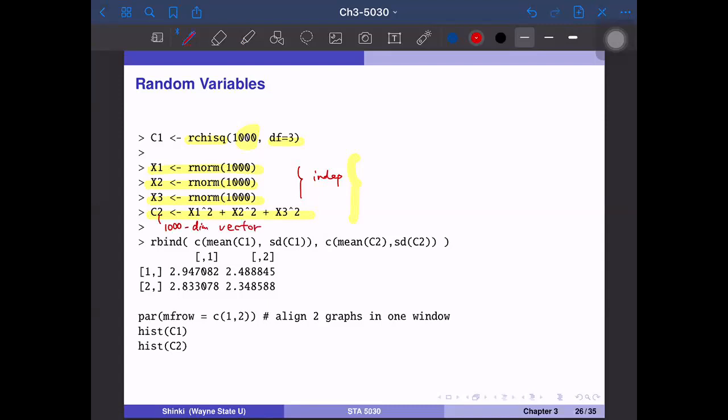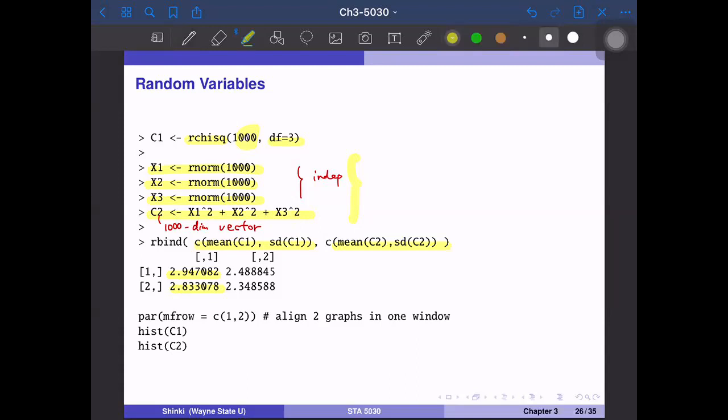So C1 and C2 should be very similar in terms of distribution. Just check the mean and the standard deviation for both, and you can see these are similar. On average, a chi-square 3 random variable should have mean 3. And actually we get 2.94 and 2.83, so both are close to 3 and close to each other.